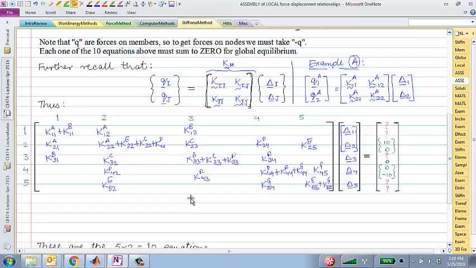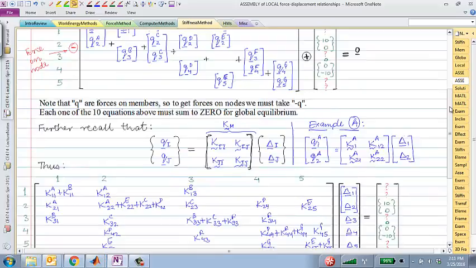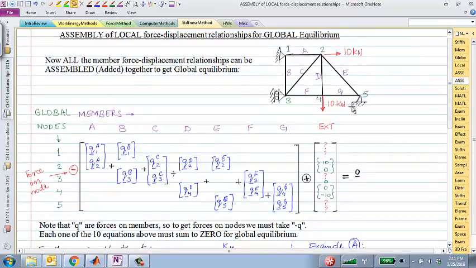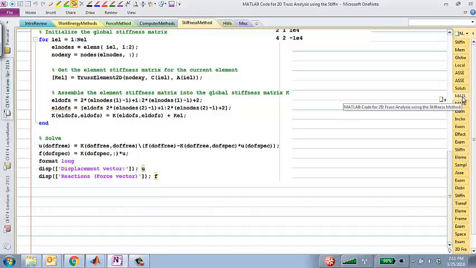Unless you know how to do it, the calculations would not be too complicated, not too cumbersome, but it would be difficult. So let me then show you exactly this truss. And I'll use the MATLAB code. Hopefully you should have that in your handout.